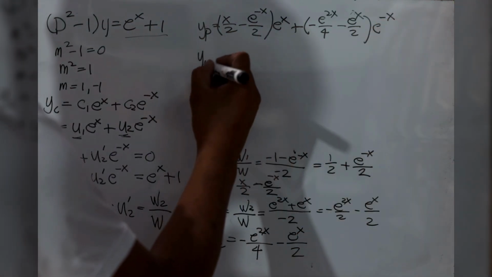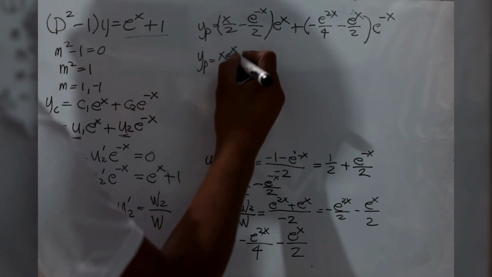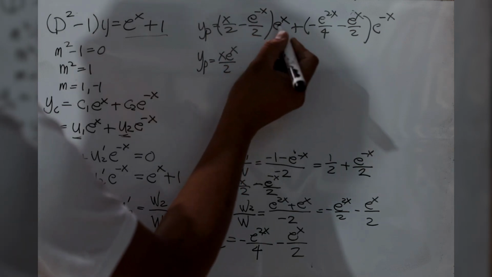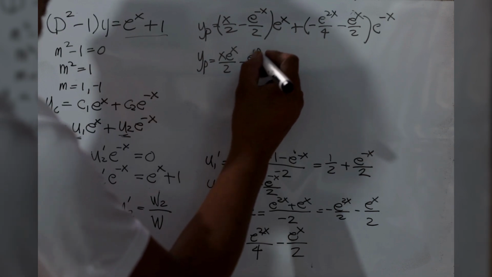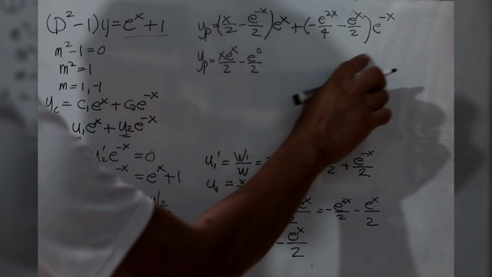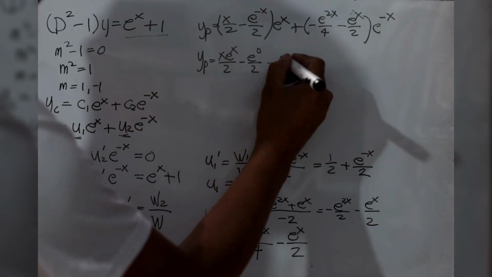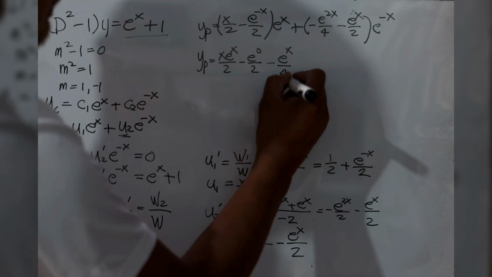So we simplify, multiply this, we get x e to the x over 2. We multiply this, we have e to the minus x plus x, that's e to the 0, over 2. This product will give you e to the 2 minus 1 is x over 4.